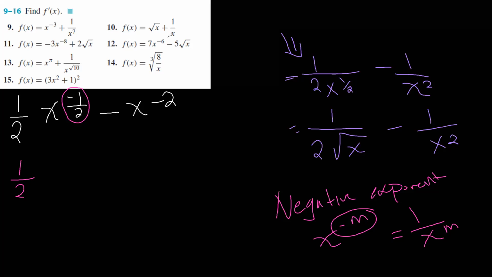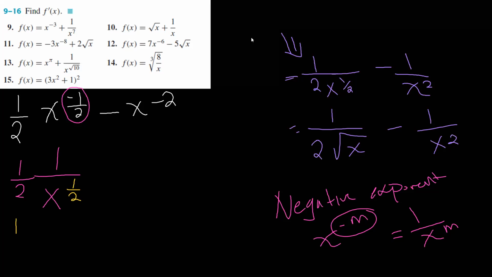So here, if you have x raised to the power -half, I can write it as: what is the reciprocal of x? It is 1 over x. And what is the opposite of -half? It is half. Okay?